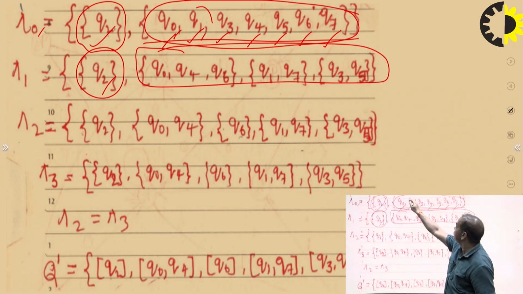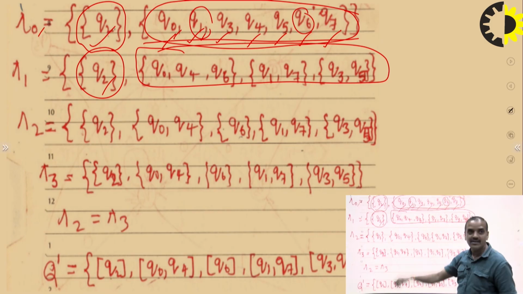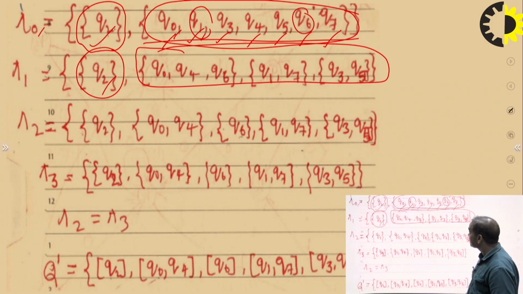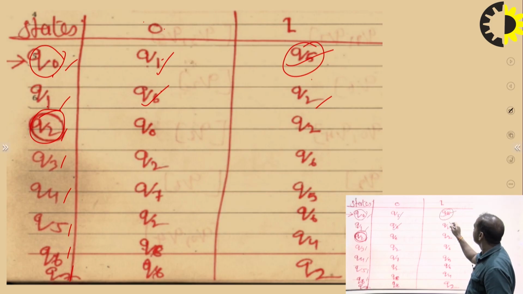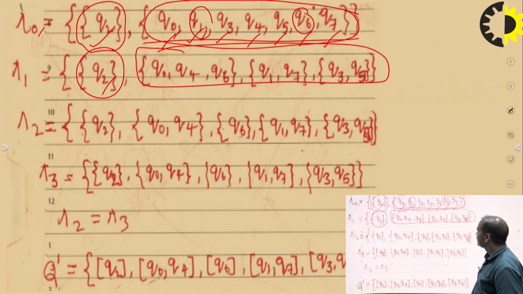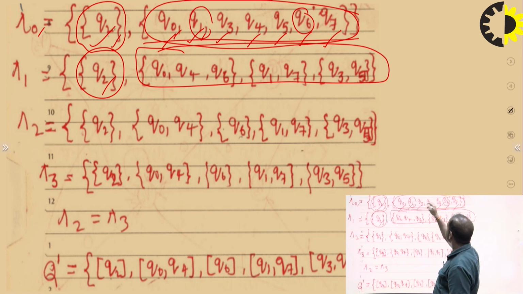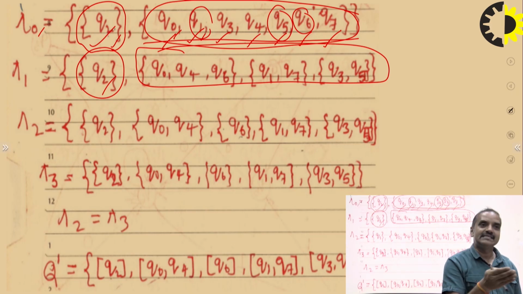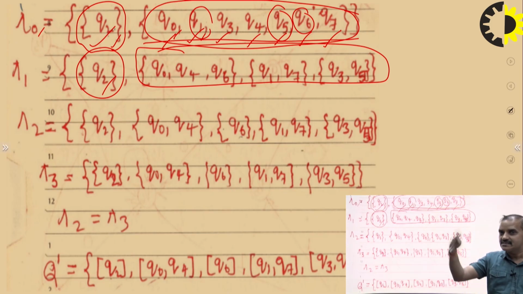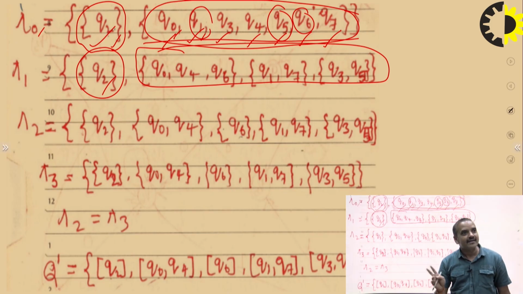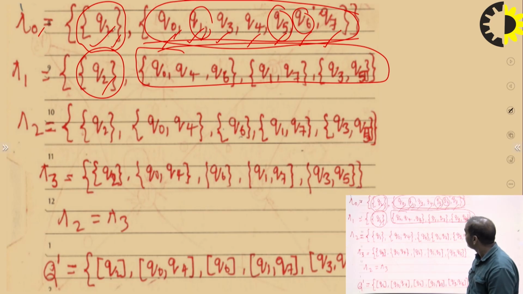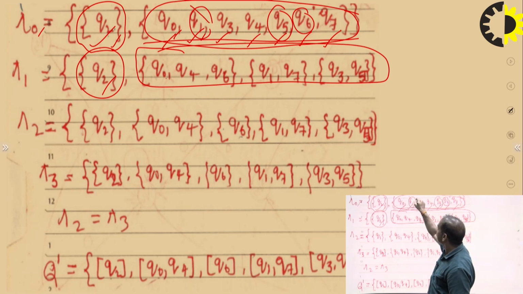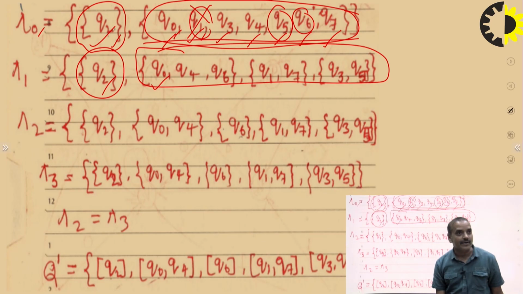Check for 1: Q5 and Q2. Q2 is in one brace and Q5 is in another. If for a single input one state is in one brace and the next state is in another brace, we can't write them together. So we do not write Q1 with Q0.